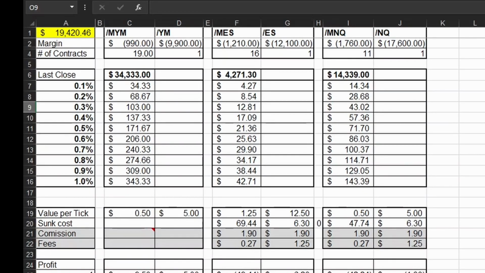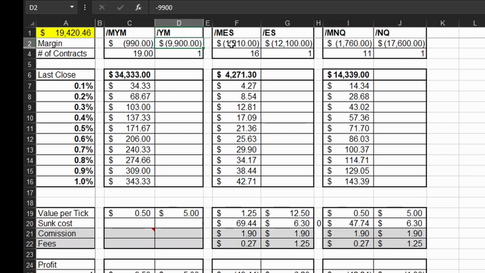Now, this is an Excel sheet that I created to help me understand exactly how much it costs to trade. You can definitely do this yourself. Here I'm listing the margin requirement for MYM, which is $990, and for the YM is $9,900.